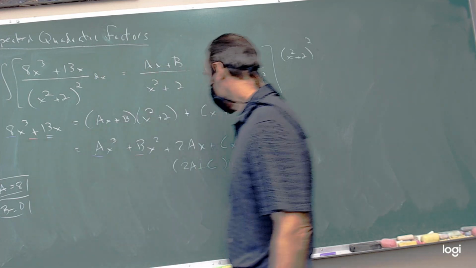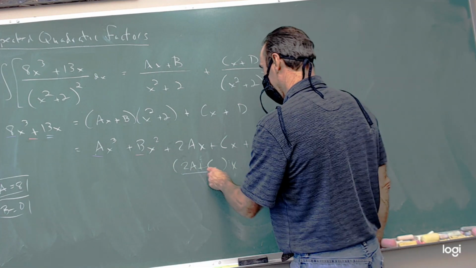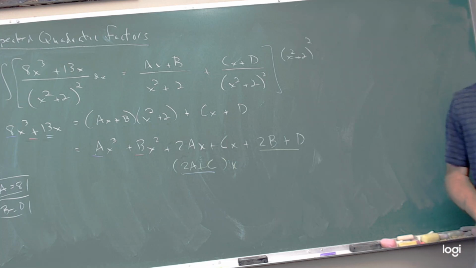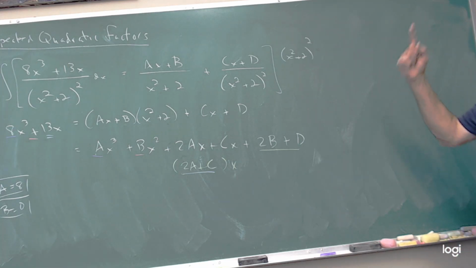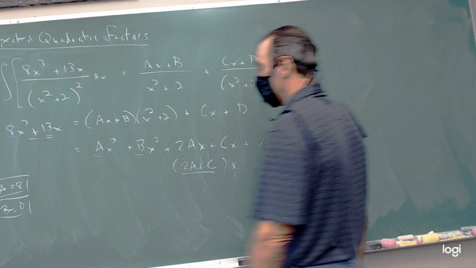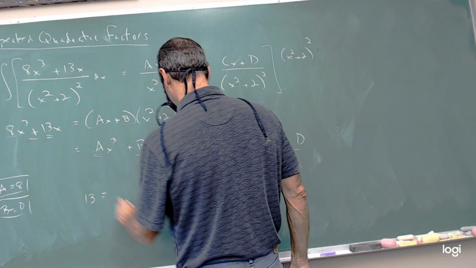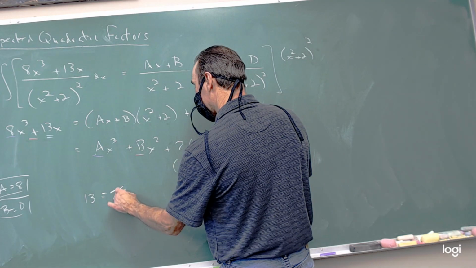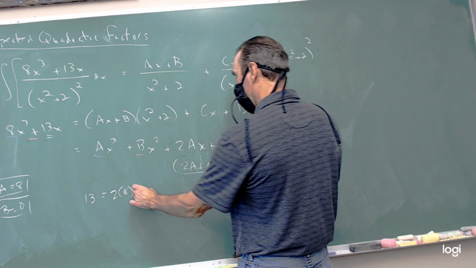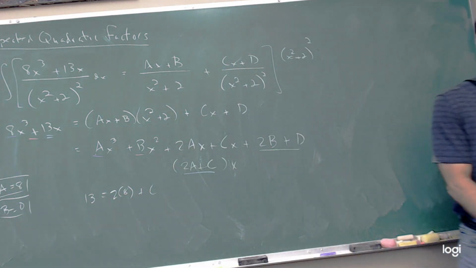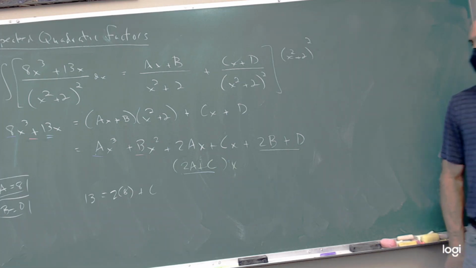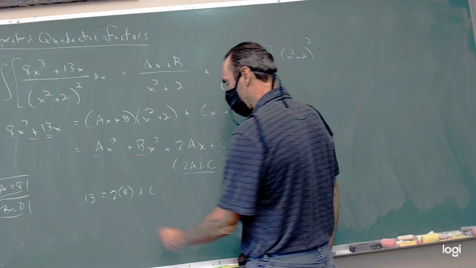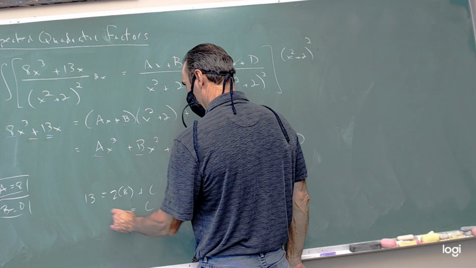The coefficient of the x term, oh, bummer. We're going to have to equal the coefficient of x there, except that we already know what a is. So that means that 13 is going to be 2 times the 8 that we already found out was a, plus c. So I guess c must be -3.